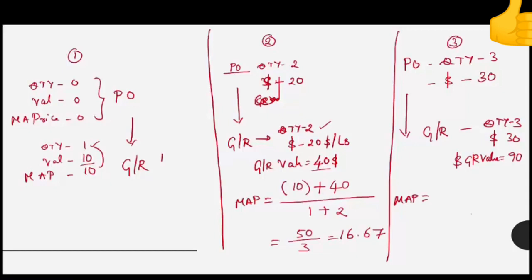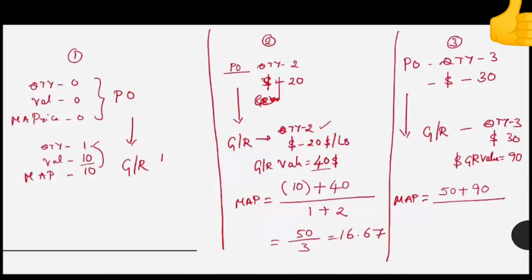Now let's calculate the moving average price again. Now the moving average price is the current value. What's the current value? The current value is $50. Plus what's the new value? 90.